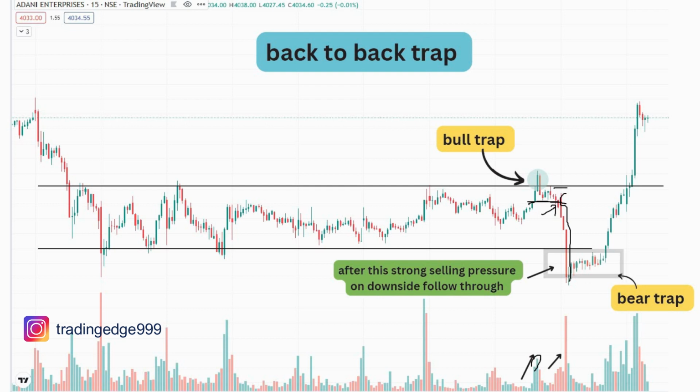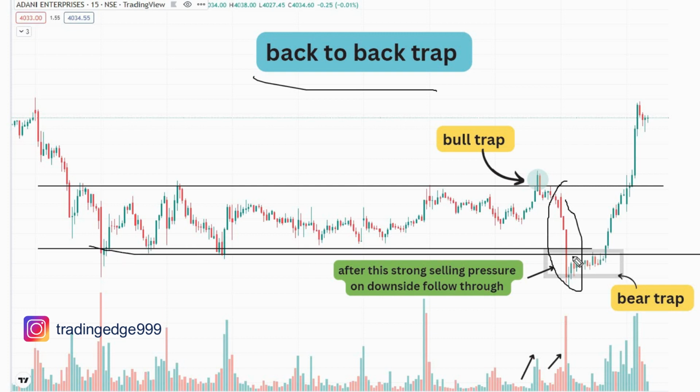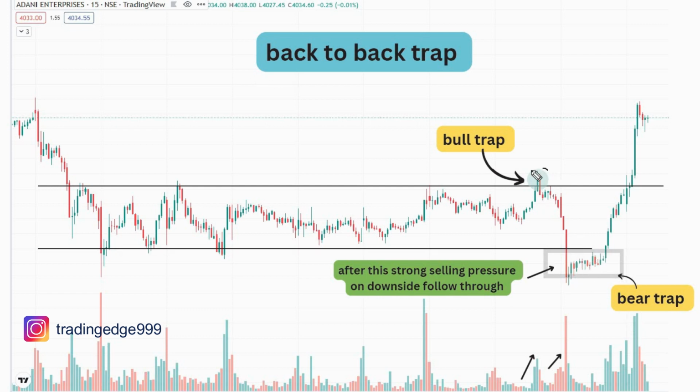Now see another interesting part. This is why we are calling it a back-to-back trap. See, after the strong sell-off, prices should have continued the downward momentum if sellers were very strong. Why? Because they trapped the buyers here. Buyers have tried from here, here, but still they couldn't push the prices towards the upside.